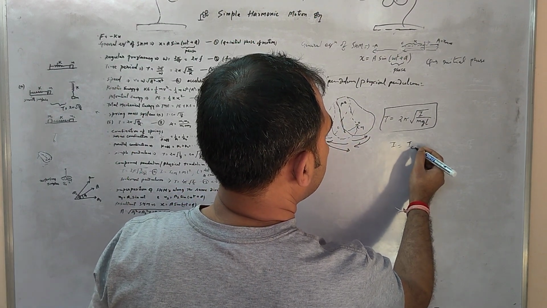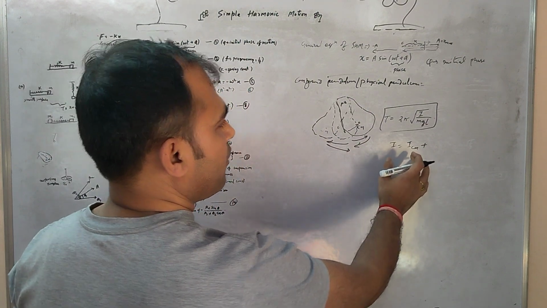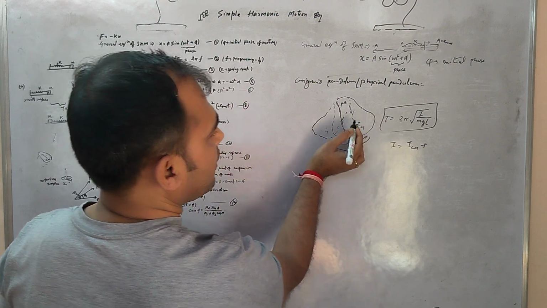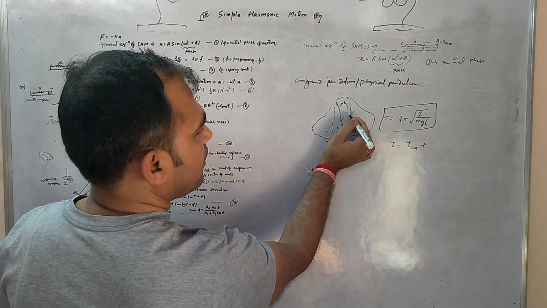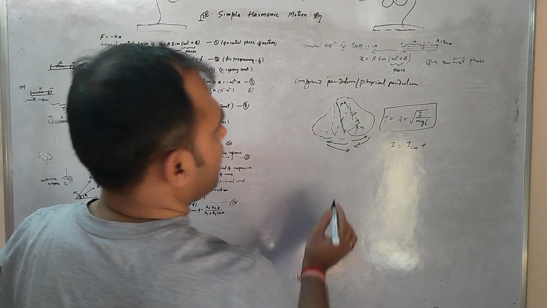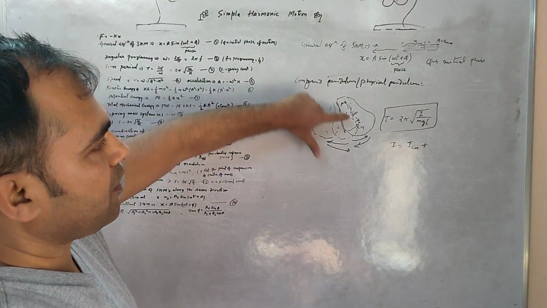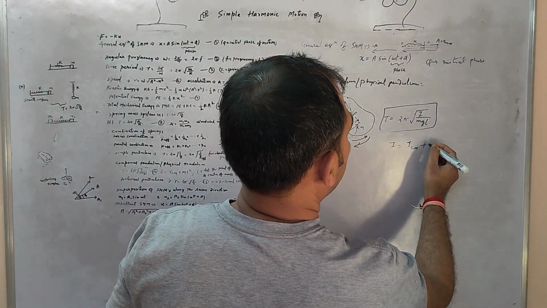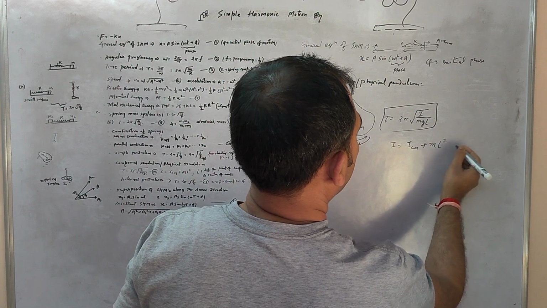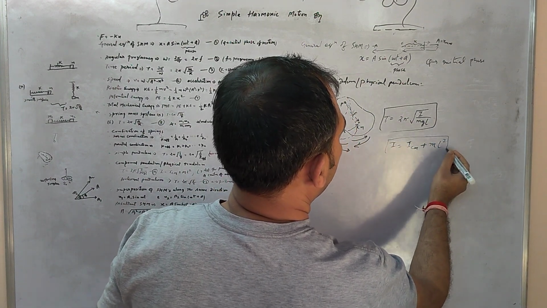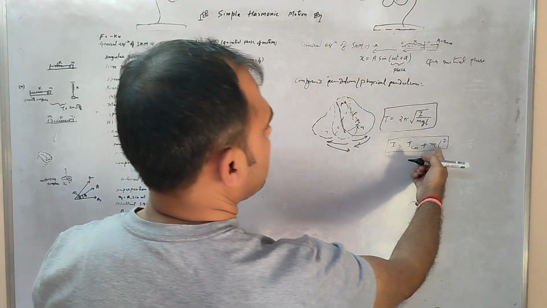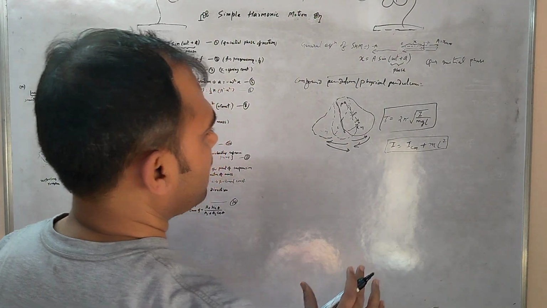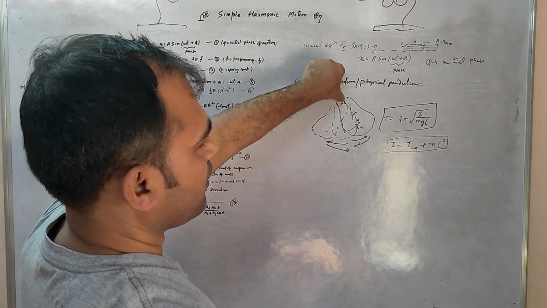So this will be I center of mass, the moment of inertia around the center of mass, plus mL square. This is the center of mass, and if this is the length L between the point of suspension and the center of mass, then by the parallel axis theorem, I will be equal to I_CM plus mL square, where L is the distance between the center of mass and the point of suspension.